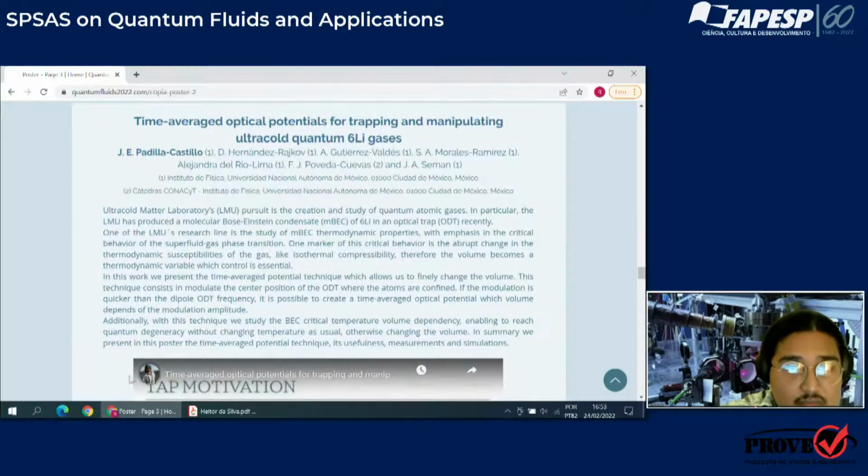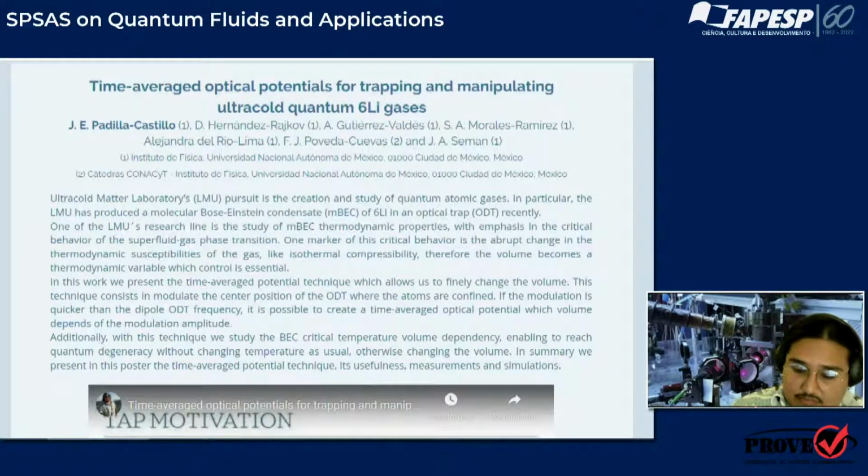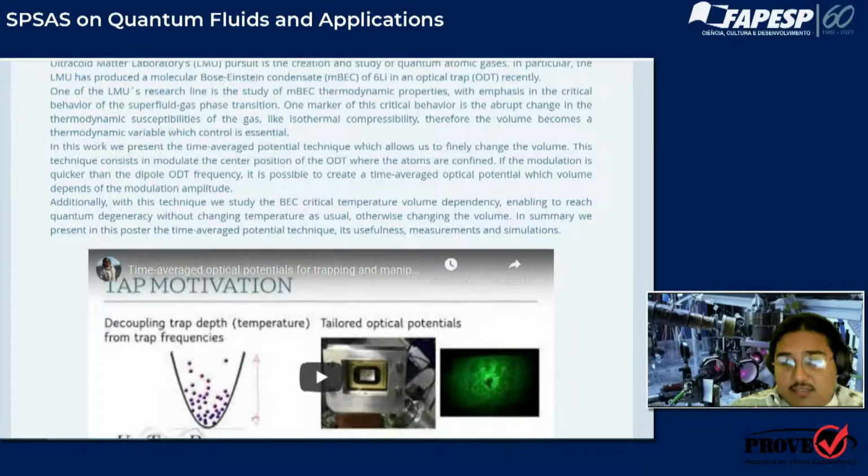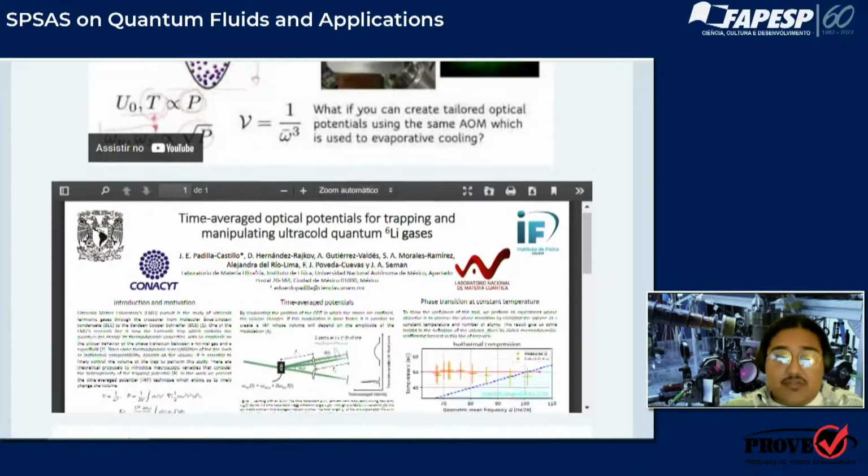Basically, we can change, for example, the volume and the size of the trap, and that allows us to create thermodynamic experiments. We are planning to do thermodynamic experiments to really change the volume variable as well as the temperature.